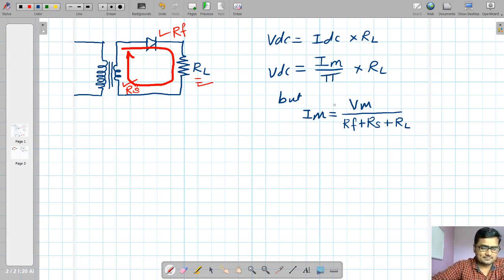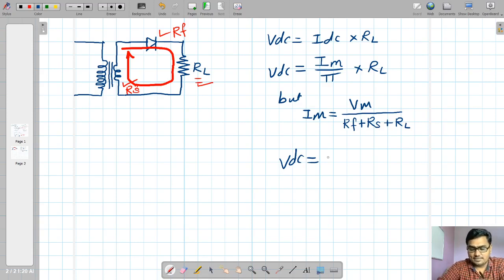I am just keeping the value of Im here. Now put this value in the above equation, and then VDC will be as follows.